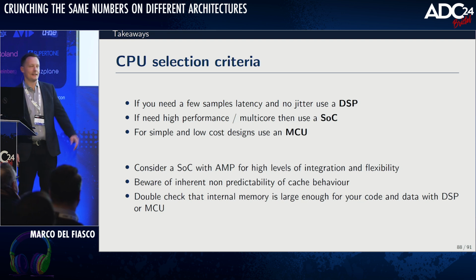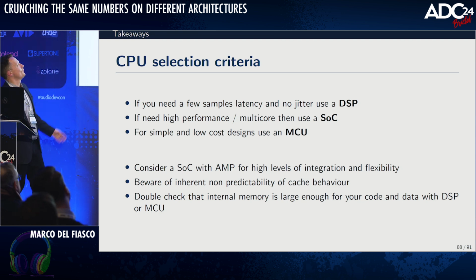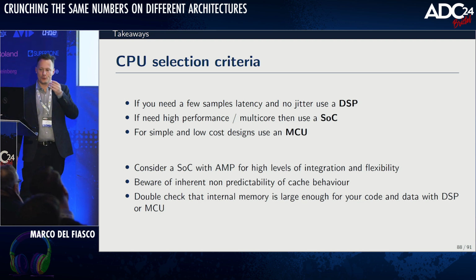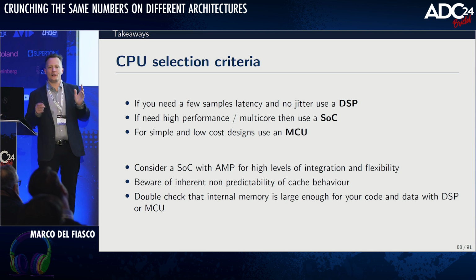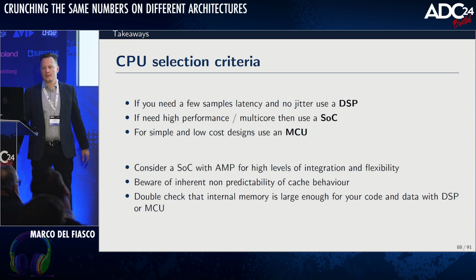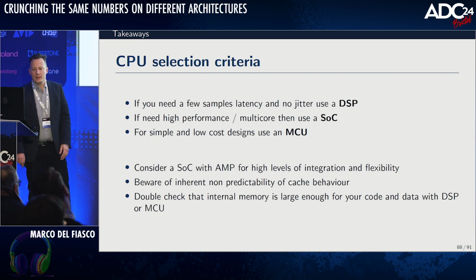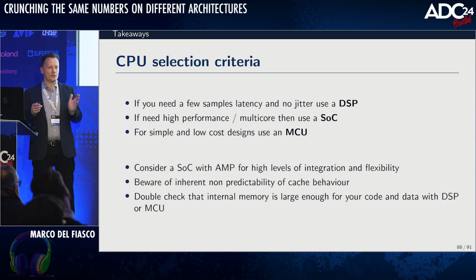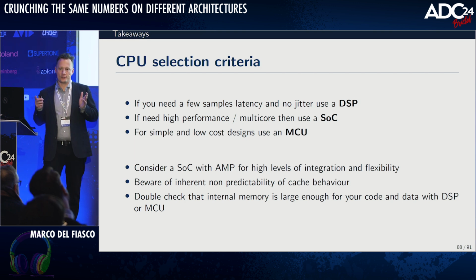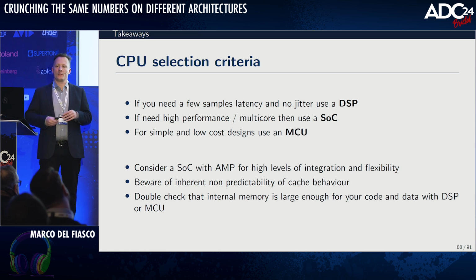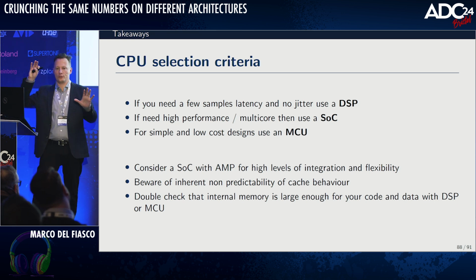CPU selection criteria. If you need a few samples of latency, no jitter, please use a DSP. High performance, multi-core, use a SOC. For simple and low-cost design, I will go with a microcontroller. If you want high levels of integration, you may consider an AMP processor, so like Linux plus DSP, Linux plus microcontroller CPU.